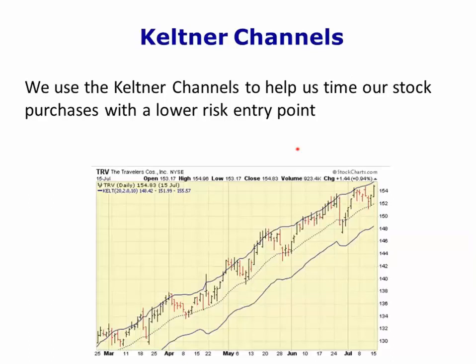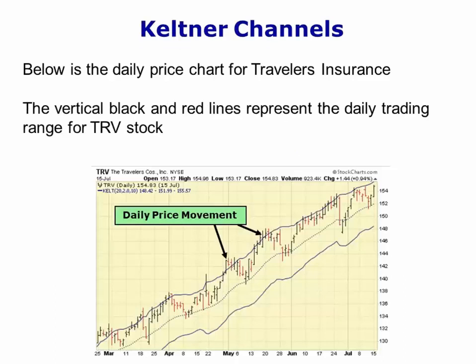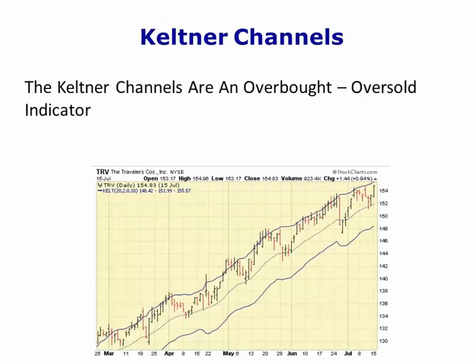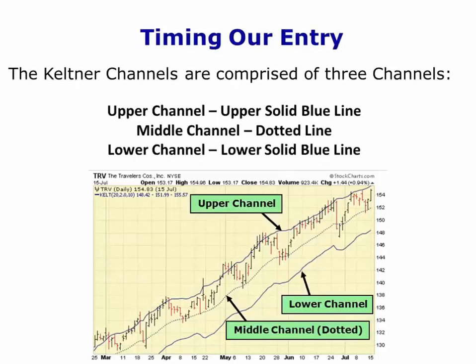This is a daily chart of Travelers. The vertical black and red lines is the daily price movement of Travelers stock. Now, the Keltner channels are an overbought, oversold indicator, and there's 3 channels.